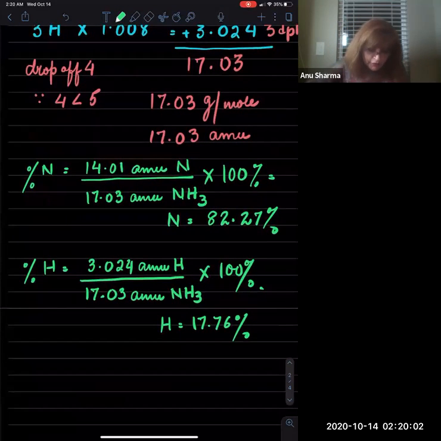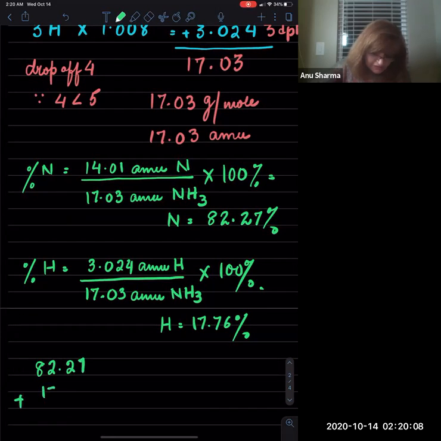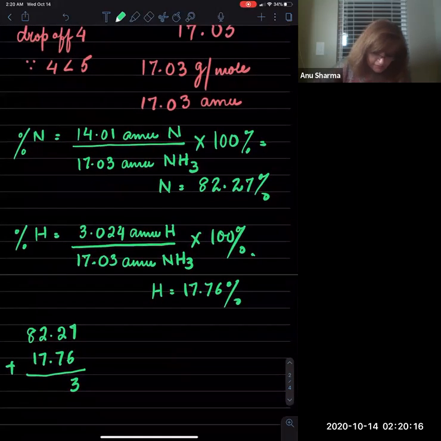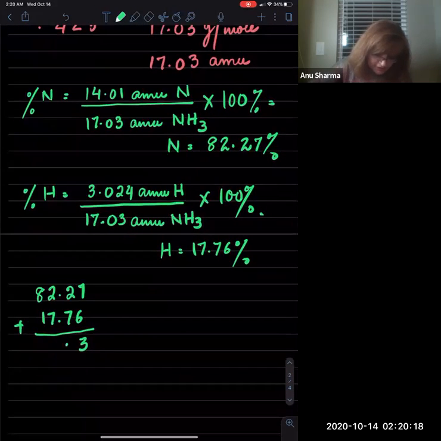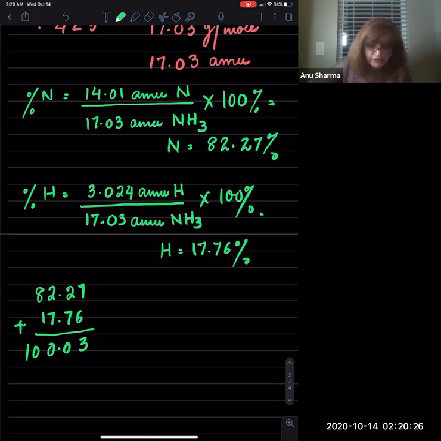So if you were to add 82.27 plus 17.76, you are going to get 100. So roughly, that's the total. That's how you can also check your answers to see if you got it right.